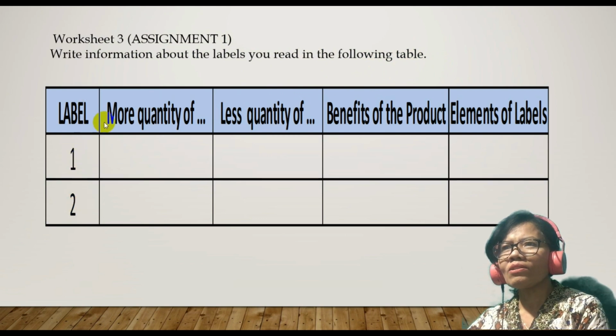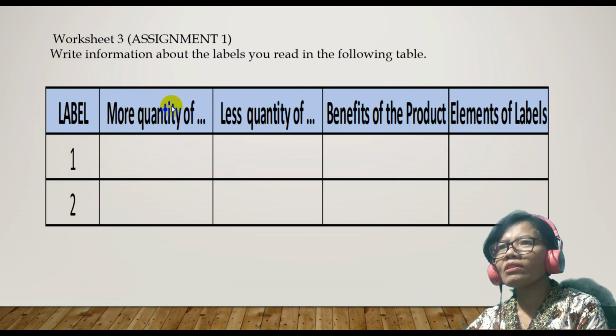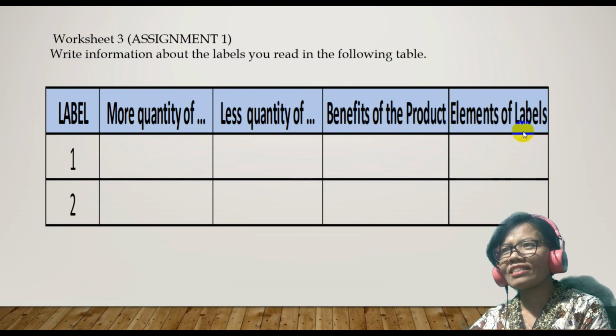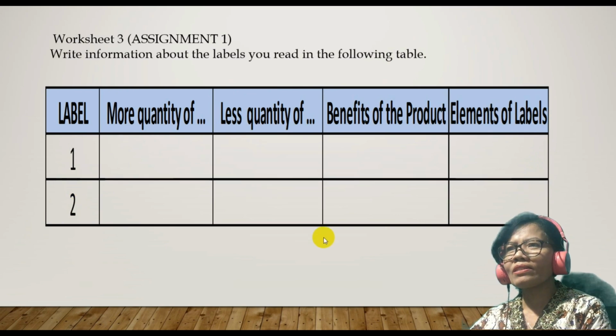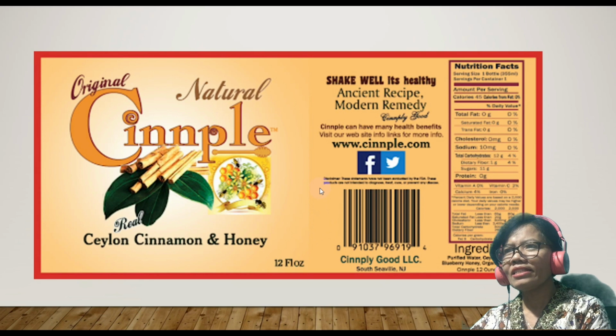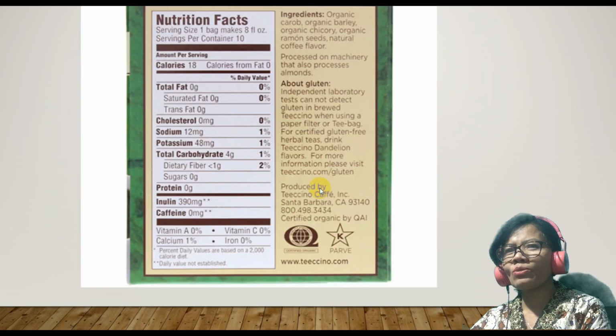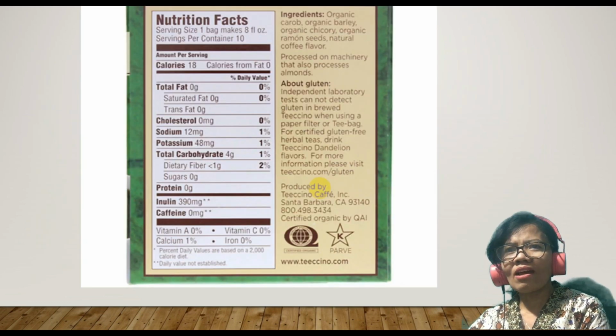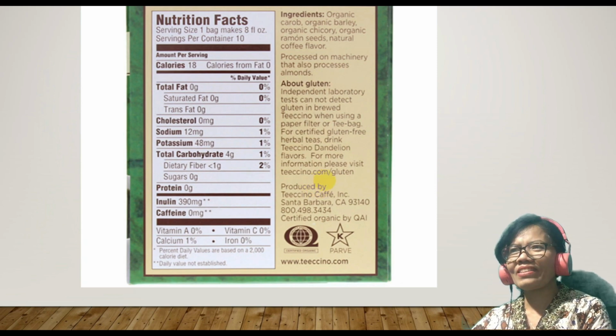From each label, please get the information about the more quantity of the substance and what is the less quantity of the substance, and then the benefits of the products and elements of the product. Okay, see the 2 labels. This is number 1 and this is number 2. Okay, write your answer and send it to our Google Classroom.